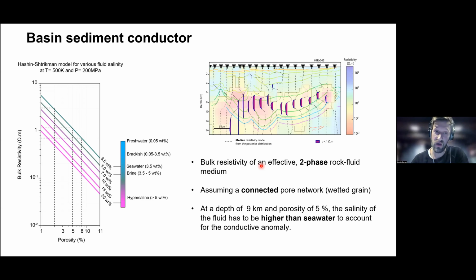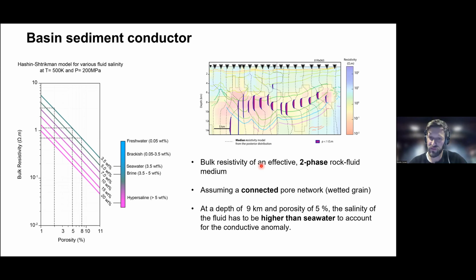You have a fluid that has a certain salinity or conductivity and a mineral matrix, assumed in a connected pore network. What you can see is that in the condition of deep sediments at depths of 9 kilometers and a porosity of 5%, which is rather high, the salinity of the fluid has to be higher than seawater to account for this conductivity anomaly.